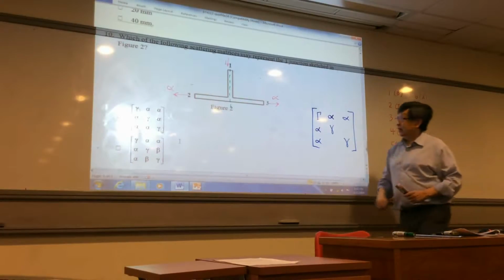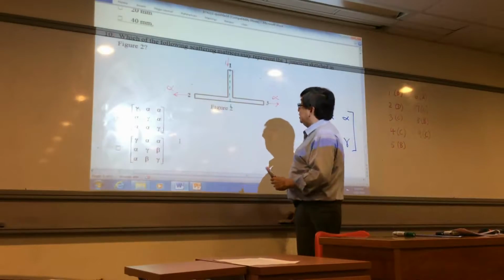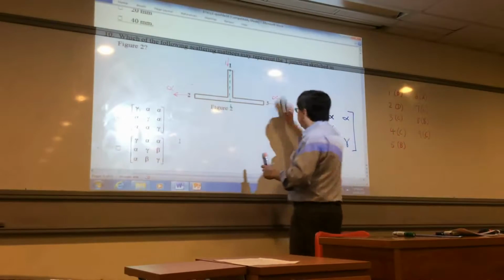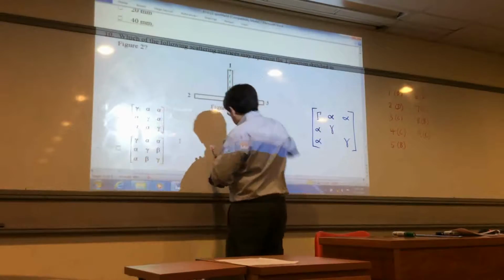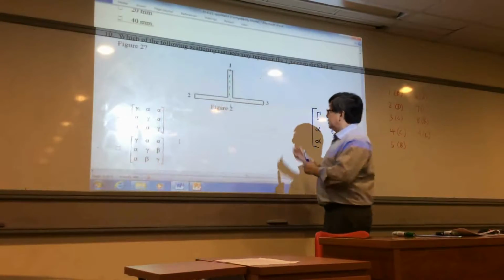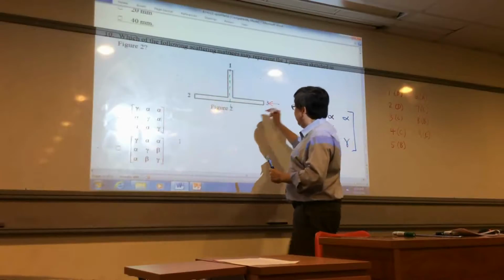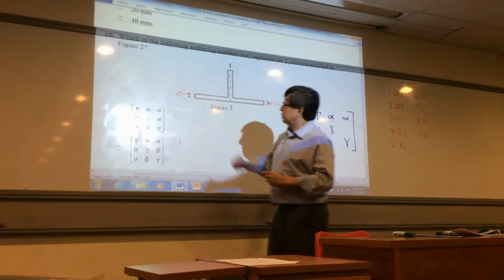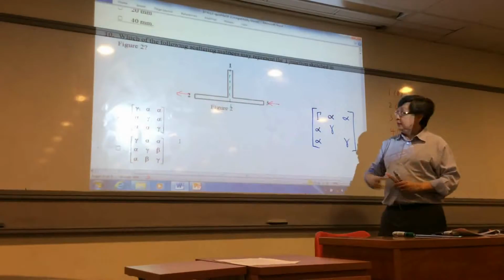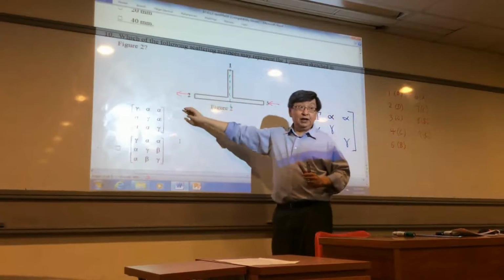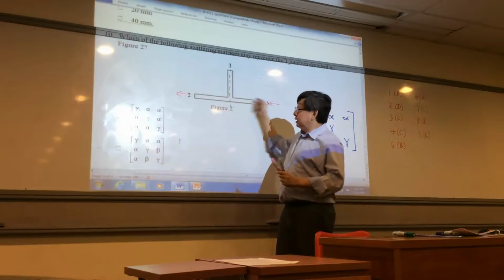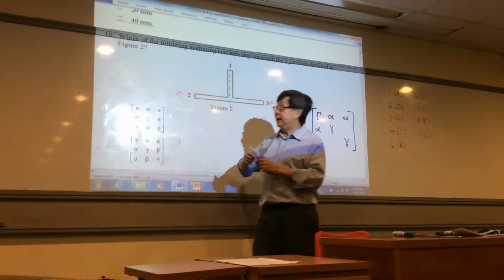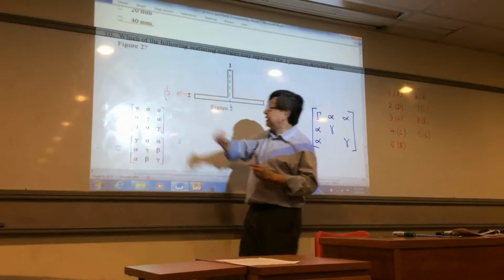Now, the final one is a signal coming in here and coming out here. This part we cannot infer is equal to anything else, so let's call this beta.